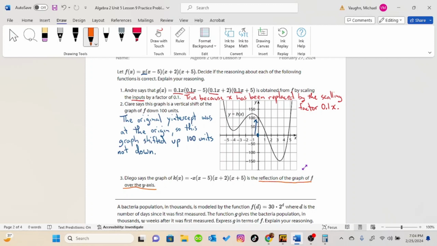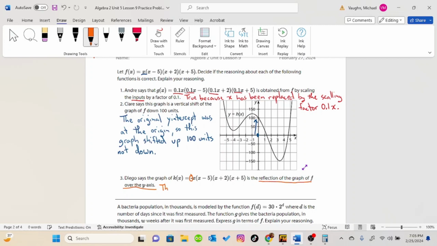Therefore, we are changing the x value to the opposite. But when we look at this, the only negative is in front of everything. We did not replace x with negative x in each instance. So this actually changes the value of the y, which means it was reflected over the x-axis.